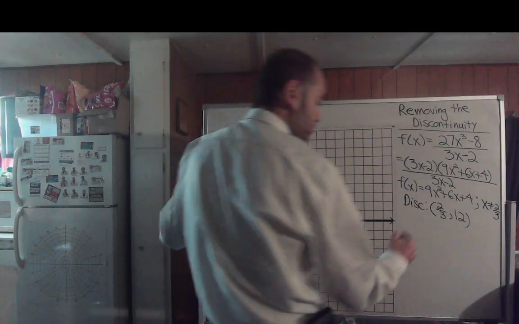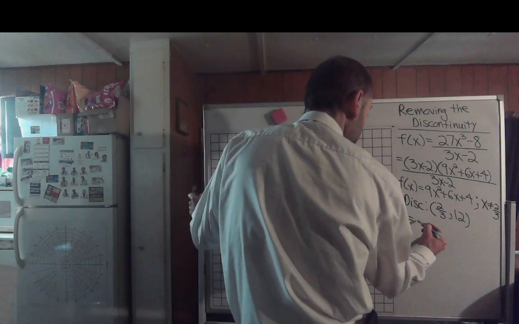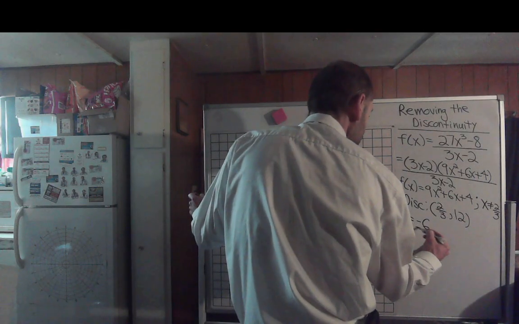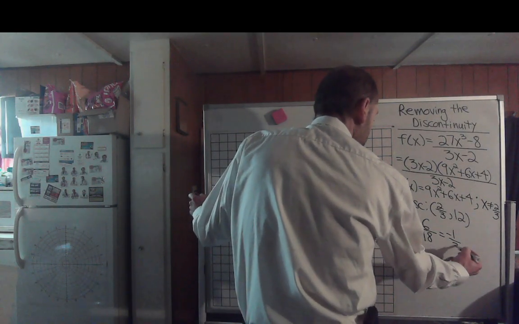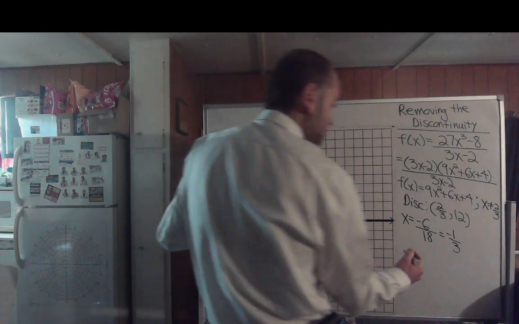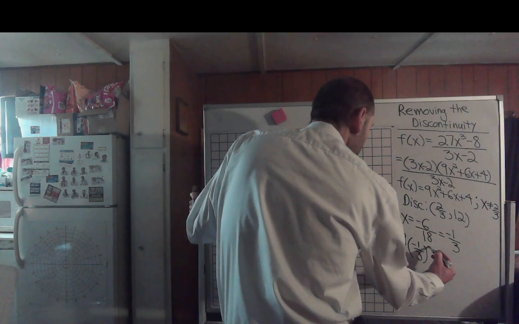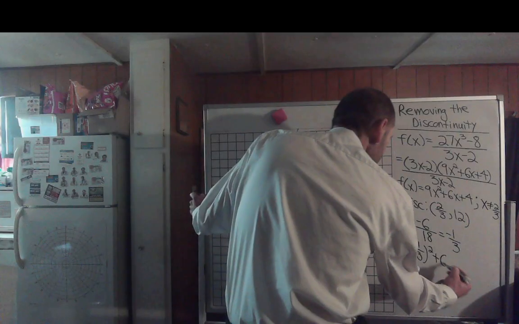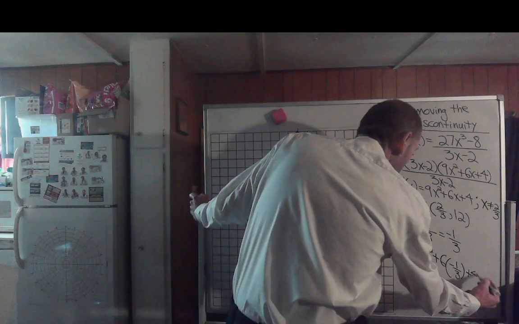Also, for good measure, let me find the vertex. So x equals the negative of b over 2a, so negative 6 over 2 times 9 is 18, which would be negative 1/3. Let me find my y coordinate. So 9 times negative 1/3 squared plus 6 times negative 1/3 plus 4.